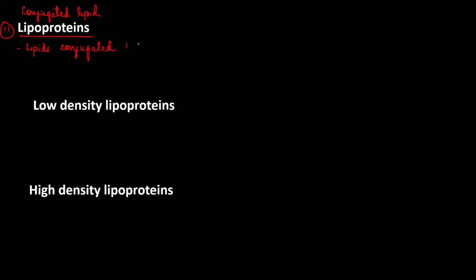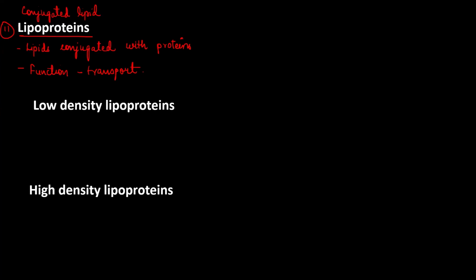So they have a lipid part and a protein part. What is the function of lipoproteins? The function of the lipoproteins is transportation. These lipoproteins help in the transportation of the lipids.